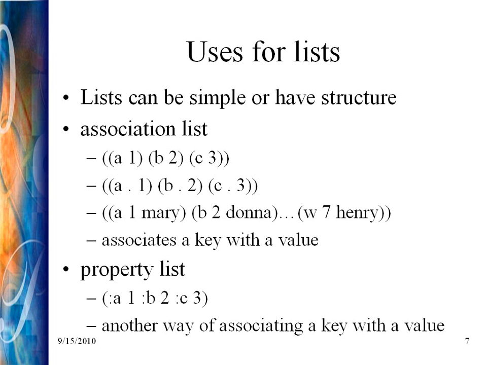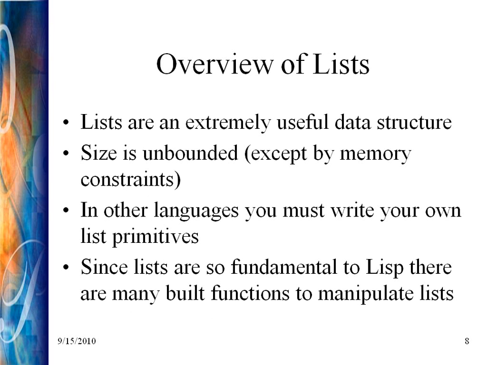Every symbol has an associated property list which you can store values on. You have to be careful that the property list of a symbol is used by the system, so you should only add values to the property list. You shouldn't replace the property list of a symbol. And it's another way of associating keys and values.